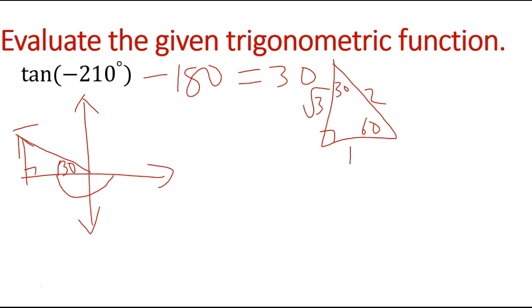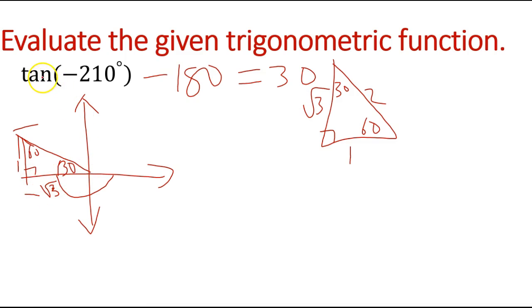So this is the side opposite 30 now. So it's going to be 1, ratio of 1. And that is y, and y is positive there, so it's going to stay positive. And then this is 30, then this must be 60. That's the other leg. It's going to be square root of 3. And this is x. X is negative here, so it's going to be negative.